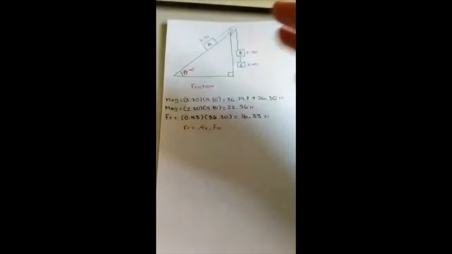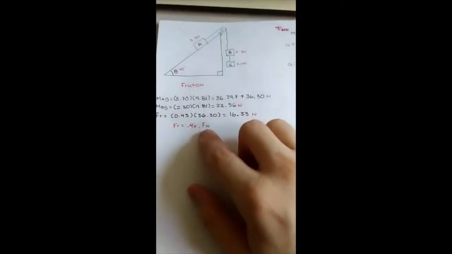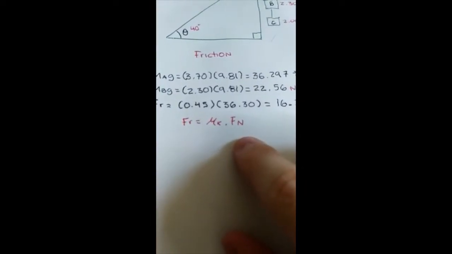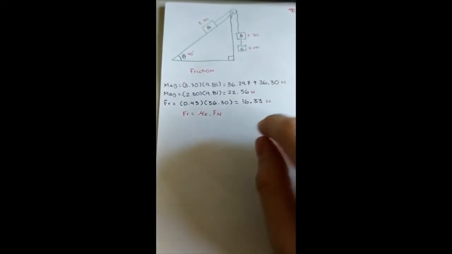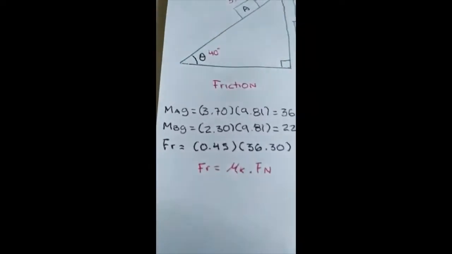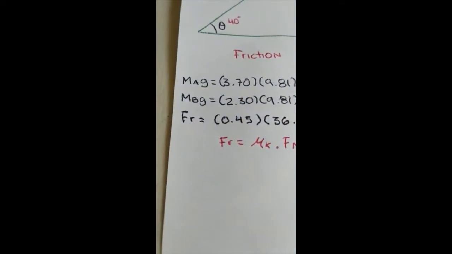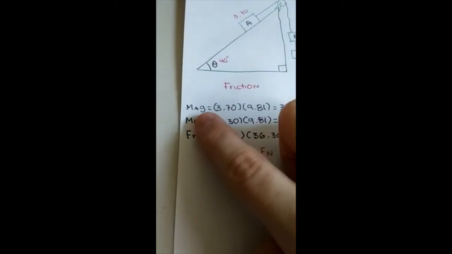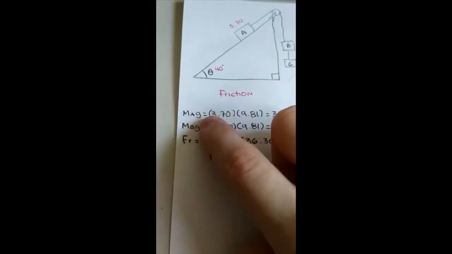How do you do that? Well, we have this beautiful formula right here, and with this formula we can find the friction. The first step to find the friction is the mass of A by gravity.